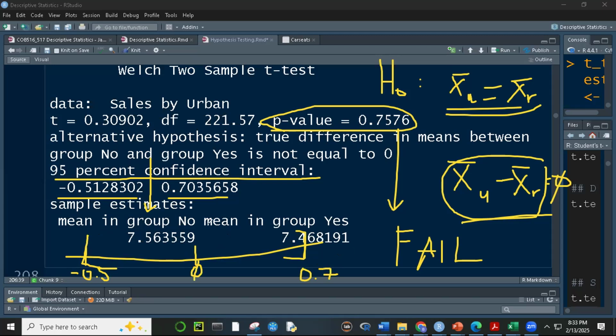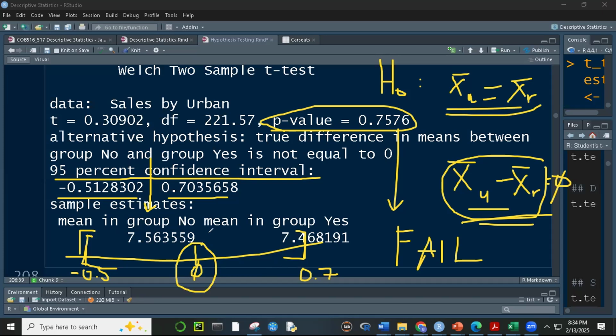We're 95% confident that the difference in the averages of the sales ranges between negative 0.51 and 0.71. The zero value lies here. 0 is between these two values.